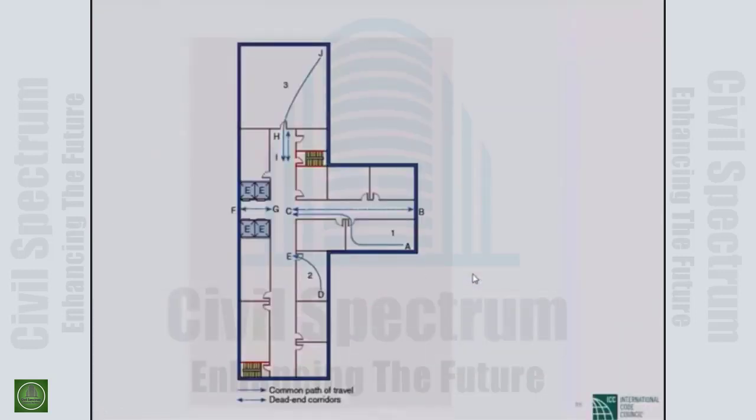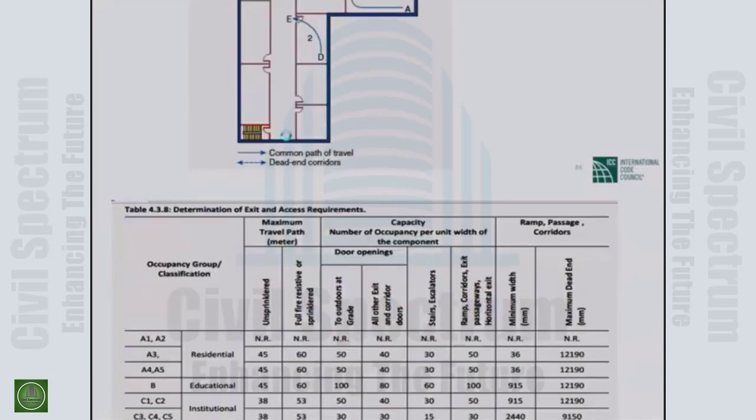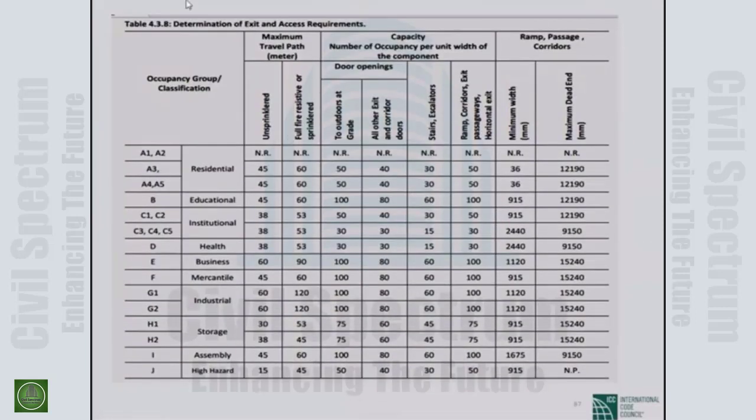There is some restriction on travel path. You can see here another parameter is the common travel path. There is some common area, so there is some restriction on the common path also. There is a table where you can see how much you have to travel, depending on the type of occupancy.